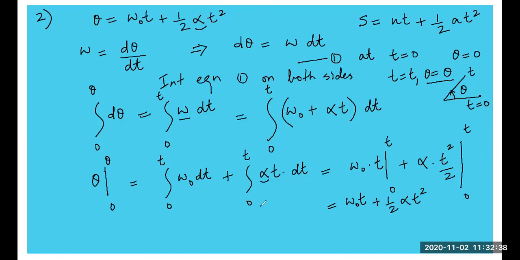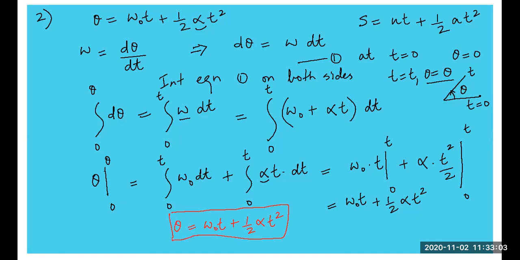What you see on the left side, we got theta. Theta minus 0 is theta. So theta is equal to omega naught t, initial angular velocity into time, plus half alpha t square. This is my second equation of rotational motion.